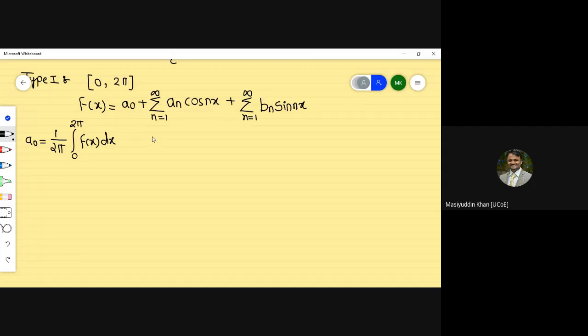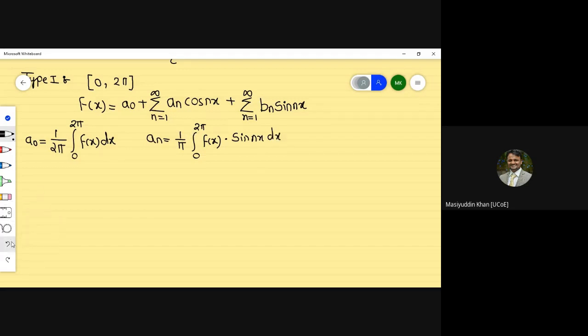And a n is equal to 1 by pi integral 0 to 2 pi f of x into sine of nx into dx.